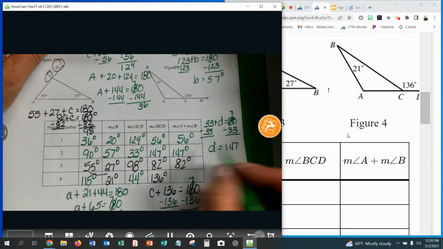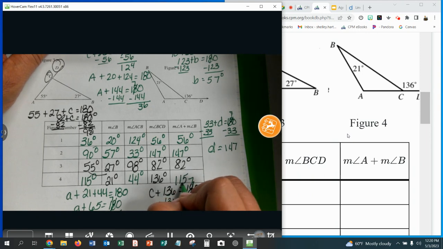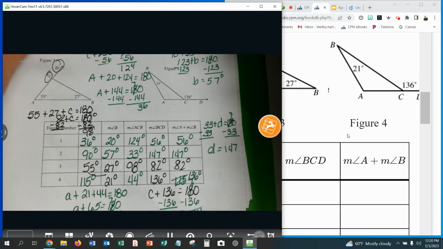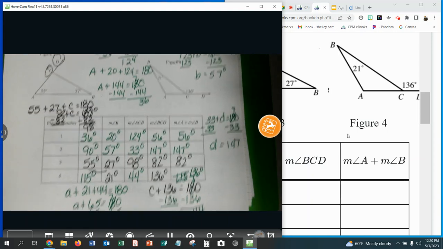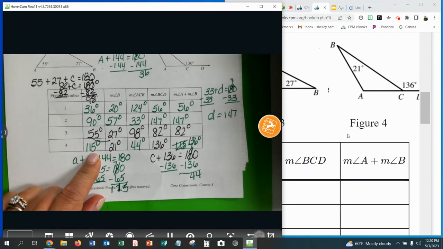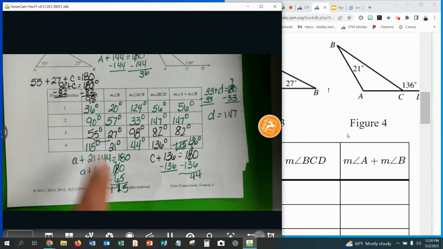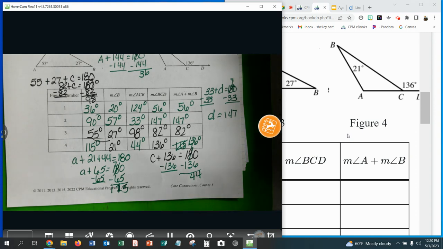Angle A and angle B add up to 136. Okay, well, I needed to find out what angle A was before I added this up. Does that make sense? We had to get everything else involved before we did that.